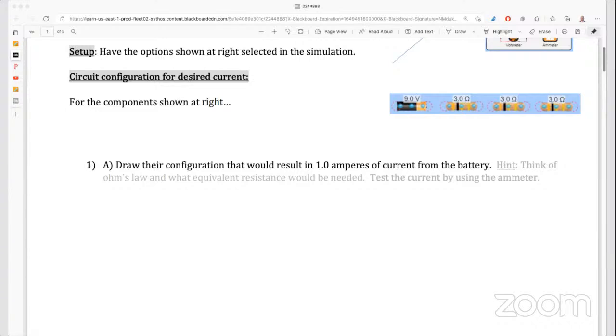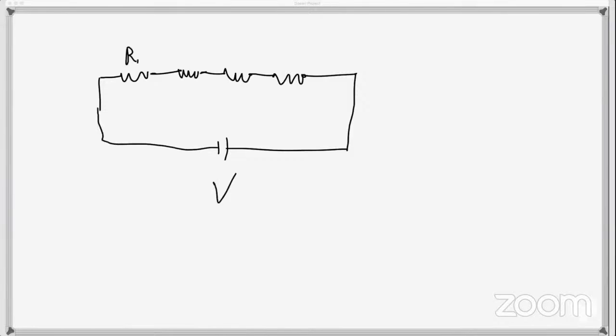There are 2 options, as we learned in class: you could combine resistors in series or in parallel. I'm just going to show again here. This is a series circuit with 4 resistors. This is how you wire resistors in series.